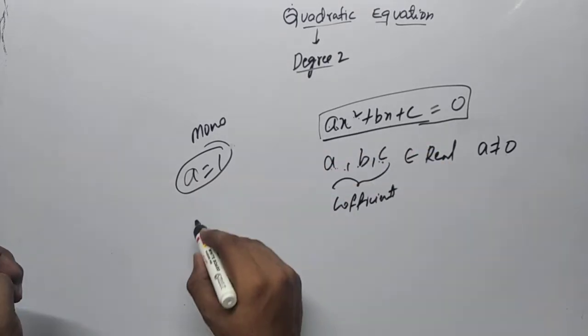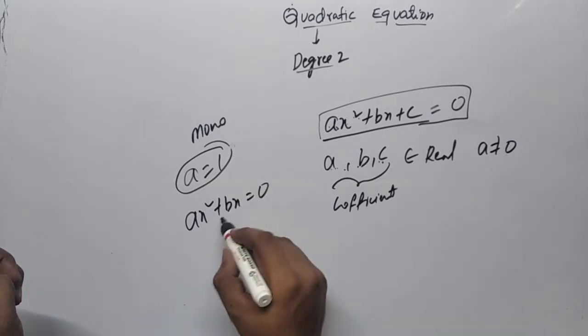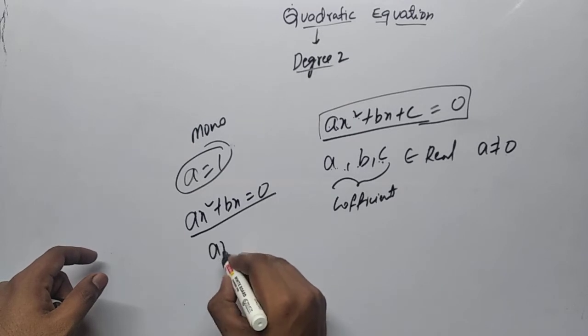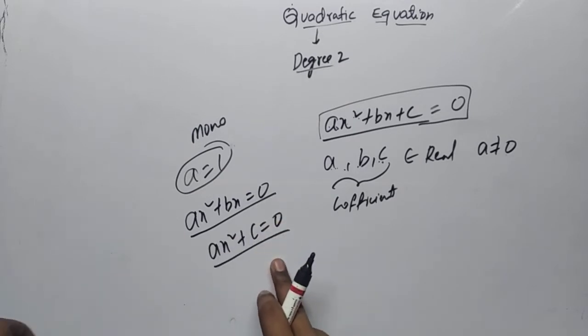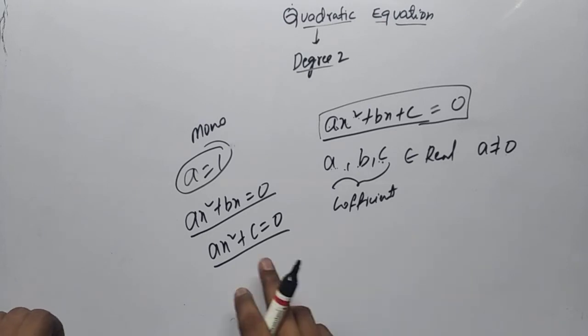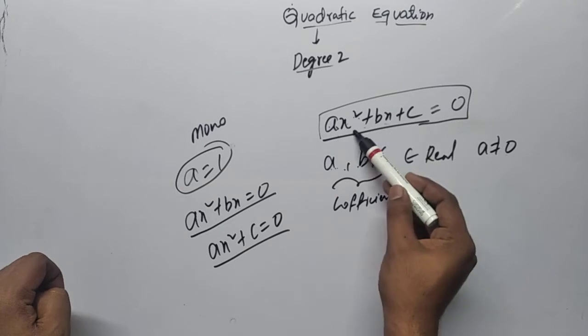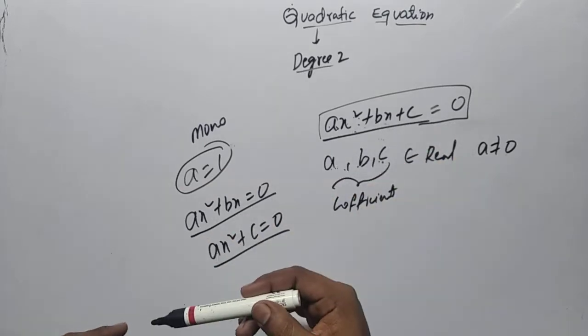Suppose we have a quadratic equation like ax square plus bx is equal to 0, this is an example of an incomplete quadratic equation. Or ax square plus c is equal to 0, this is also an example of an incomplete quadratic equation. A complete quadratic equation should have all the coefficients, with variable degree 2.